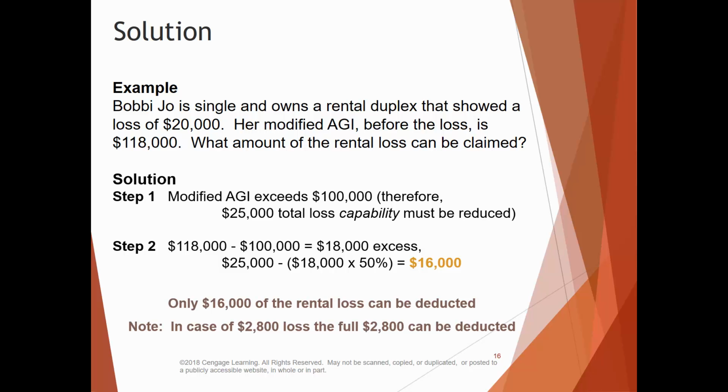And this is a tough one to explain to clients because they'll come in and be like, well, my brother bought a rental and he has positive cash flow and a tax loss. And I'm like, well, you're a doctor and he's a carpenter. So you're not going to get your rental losses.